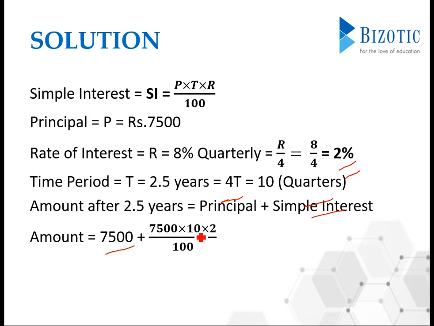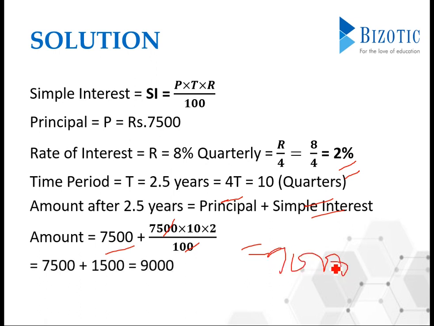What is the simple interest? 7,500, which is P, into T 10, and R is 2, divided by 100. So two zeros will go, and 75 into 10, 750 into 2, 1,500, plus 7,500. You will get the sum as 9,000. So your right answer is 9,000, option A.